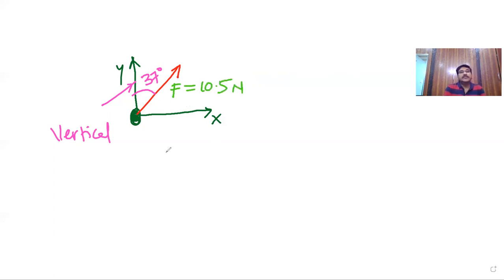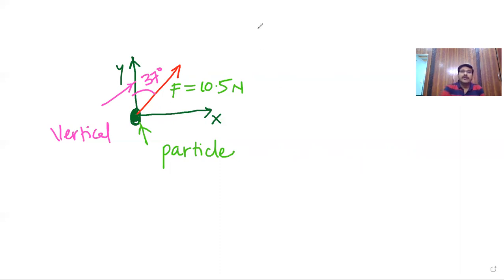Understand the meaning of the words along and with respect to the vertical.